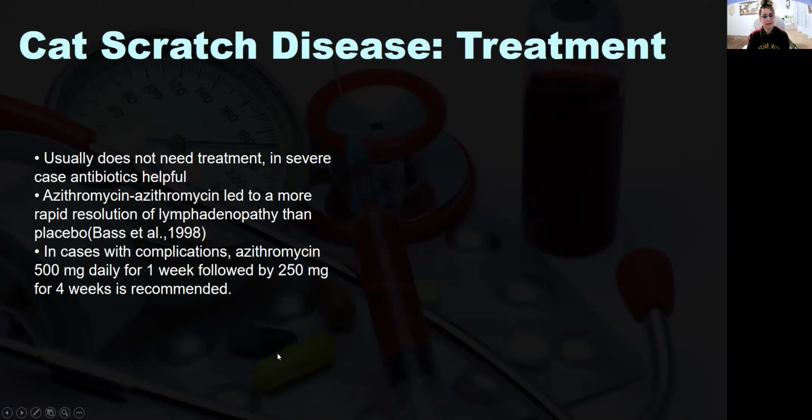Now, in cases with complication, for example, the azithromycin, the Z-Pak, 500 milligram daily for 1 week would be taken, and then it would be followed by an additional 250 milligram for 4 weeks as part of continued treatment.